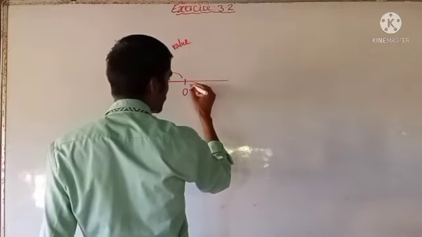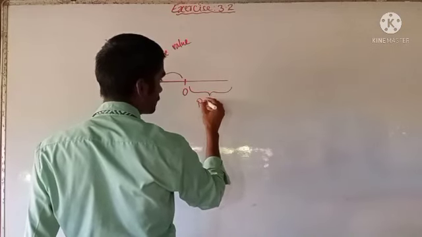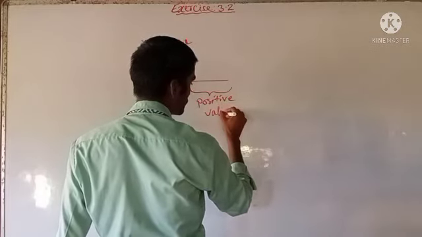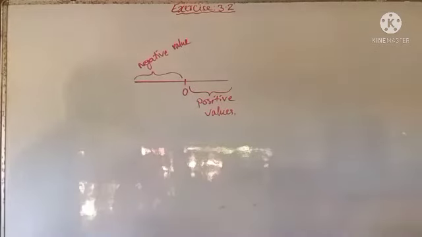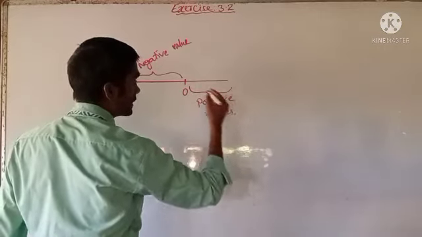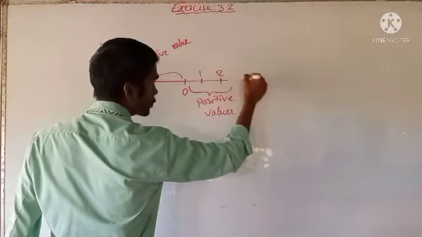And when we move to the other side, that is on the right hand side, we'll get the positive values. That means when we are moving on to the positive side, on the right hand side, we'll come across the values 1, 2 and so on.